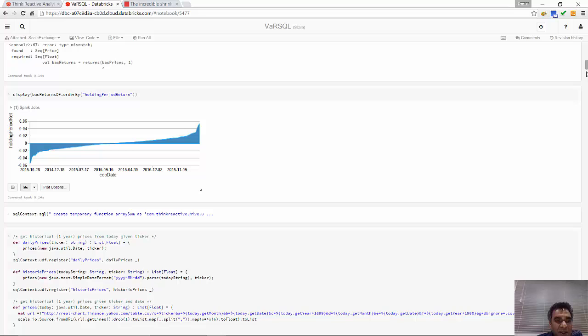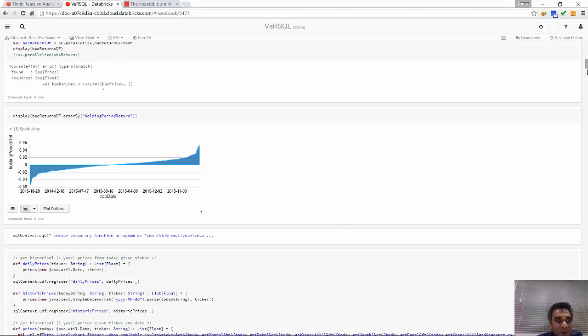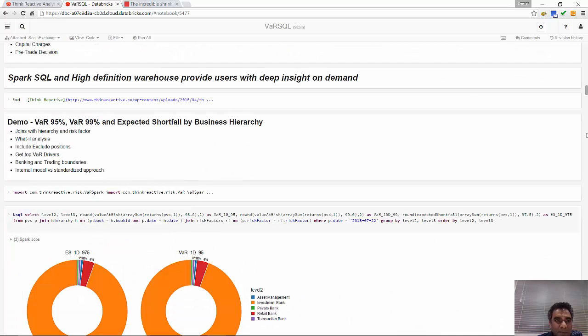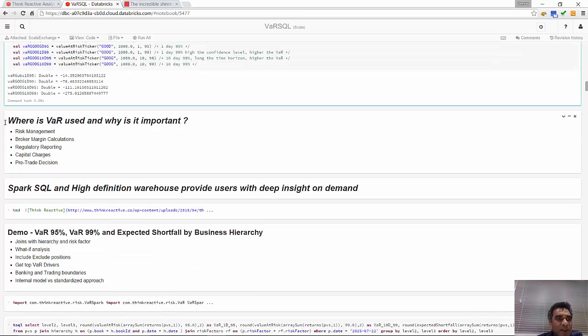There are a few properties of value at risk. The larger the investment horizon, the higher the value at risk. In this case, this is Google's 1 day value at risk, which is $14.